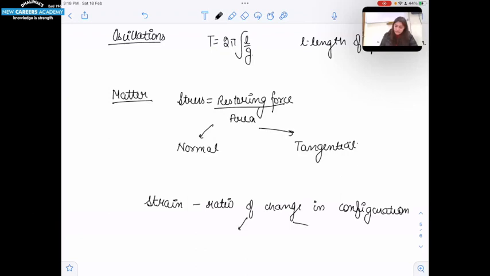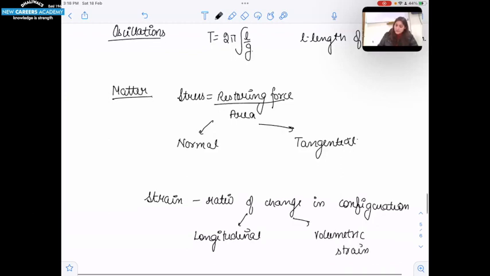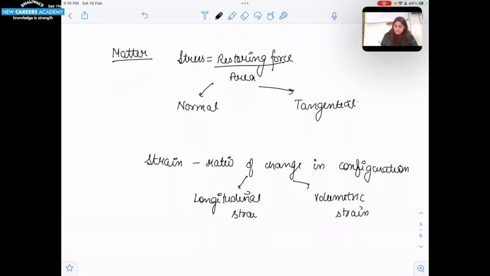Again, two types: longitudinal strain and volumetric strain. Longitudinal strain is change in length of the object by original length, and volumetric strain is change in volume of the object by original volume.